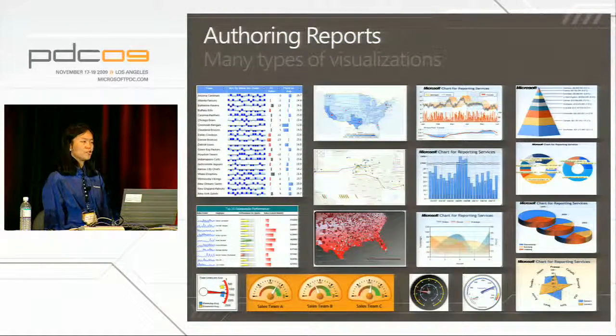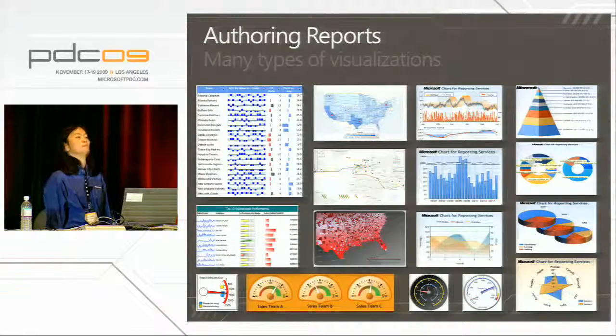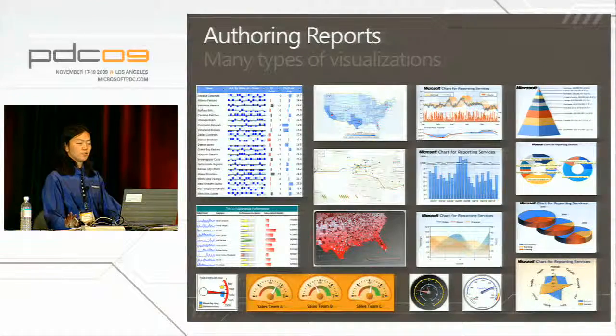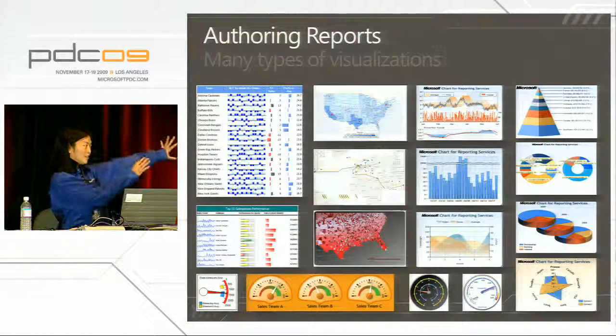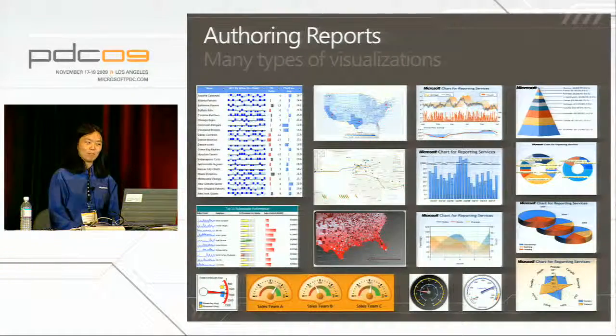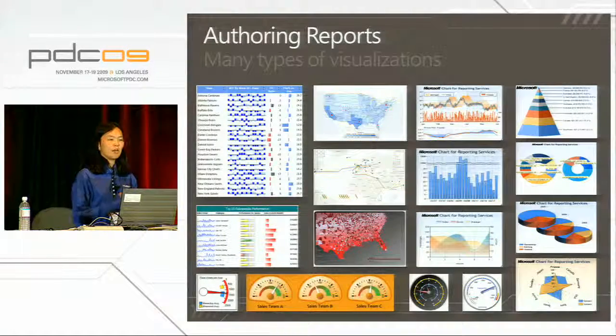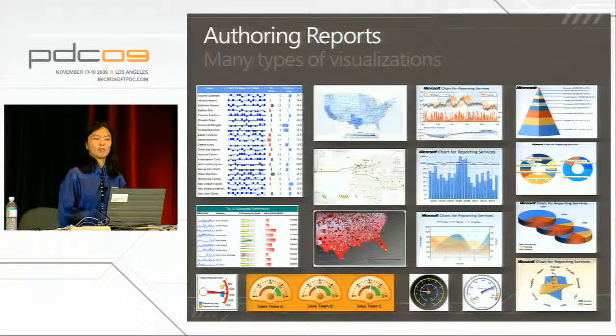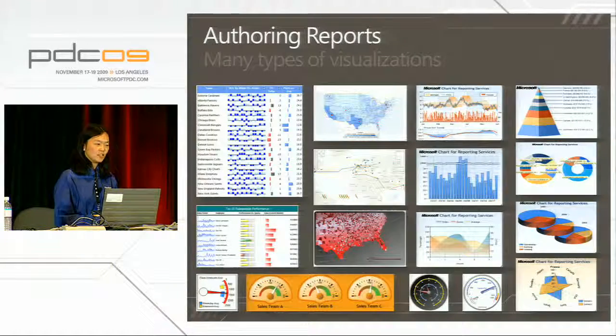In reporting services, for the report authors, we offer many rich types of data visualizations. What it means is that the end user, the information worker, can use our tool to create any of these visualizations that are here. Some of them are pretty cool. We support a very strong charting engine.